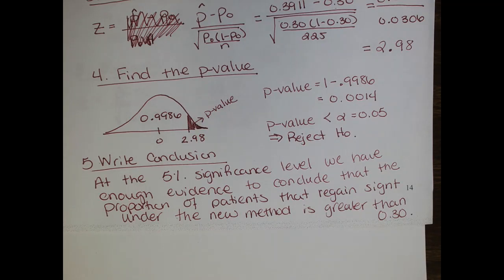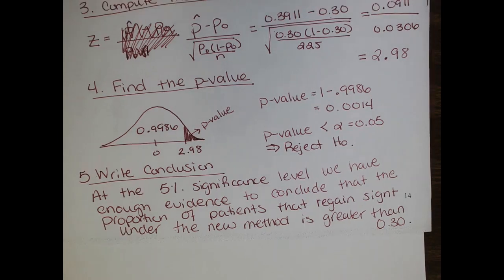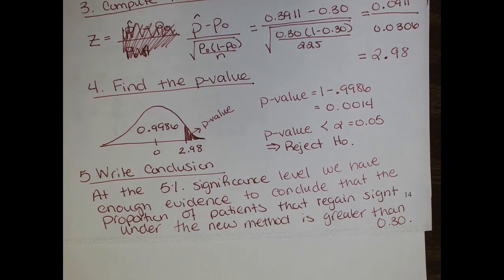So at the 5% significance level, we have enough evidence to conclude that the proportion of patients that regain their sight under the new method is greater than 0.3. So in other words, since our p-value is low, we could reject the null, and we have enough evidence to conclude the alternative.